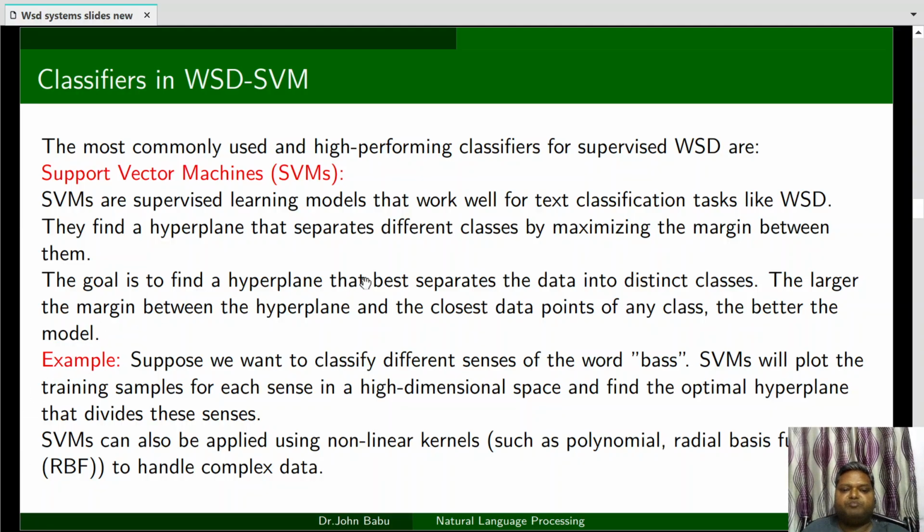We want to find a hyperplane that separates the data into distinct classes, and this is also called a maximal margin classifier because the optimization problem is to maximize the margin between the hyperplane and the support vectors. Support vectors, if you remember, are the closest data points of the class. Even SVM, when we deal with nonlinear data, we'll use kernels: polynomial kernel, RBF kernel, and then other kernels also.